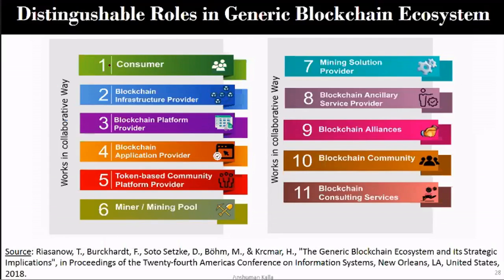So you have consumers. Consumers are basically the end users. They can also be the participants, which are the miners taking part in the mining process, right? So all these different actors work collaboratively to form an overall blockchain ecosystem, right?